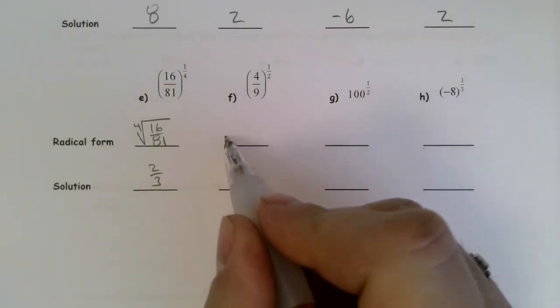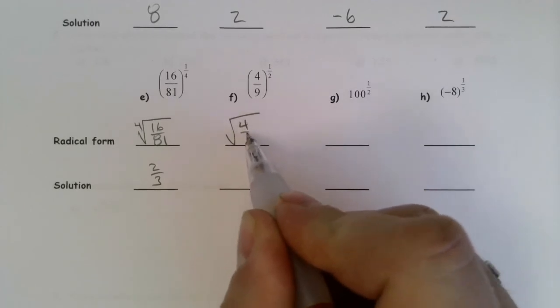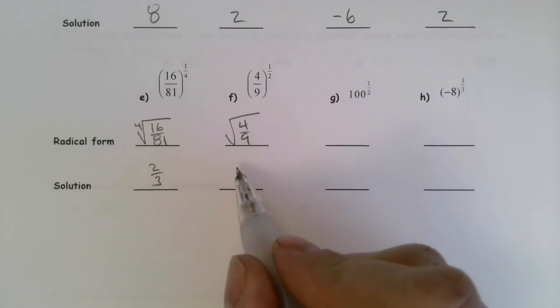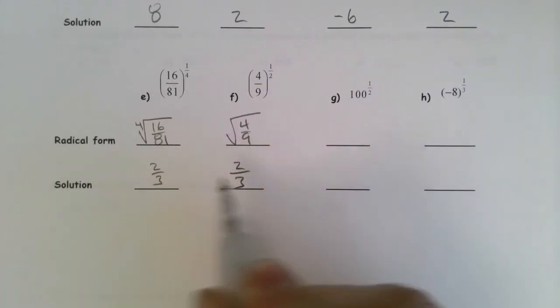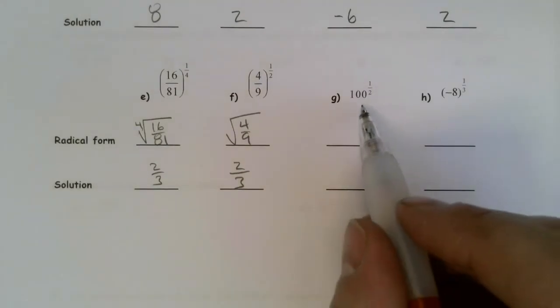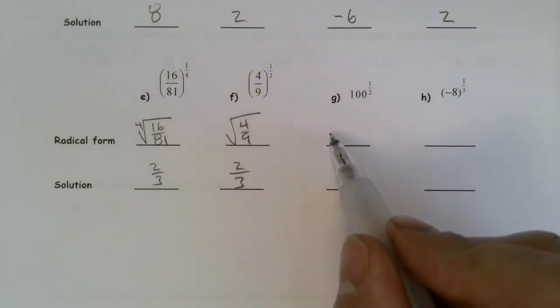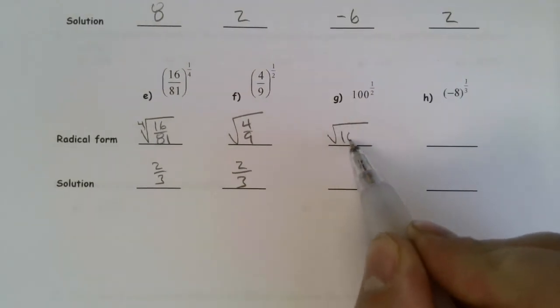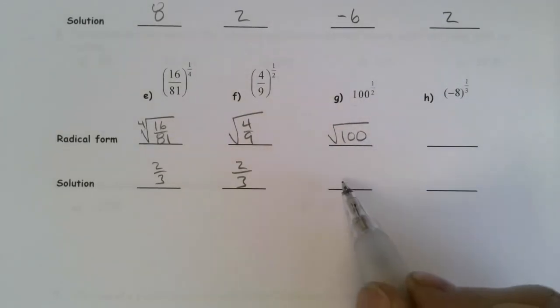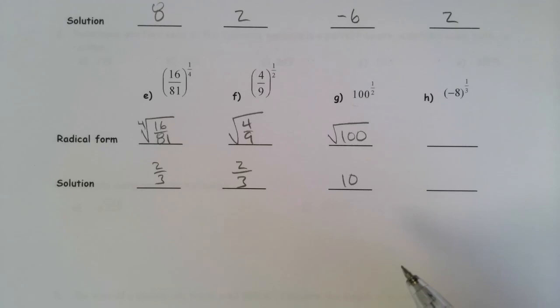Here, to the 1/2 means it's going to be the square root. Okay? And the square root of 4 is 2, and the square root of 9 is 3. So this is also 2/3. These guys are equivalent to each other. Once again, to the 1/2, it's going to be the square root. The radicand is the base of the power, so square root of 100 is just going to be 10.